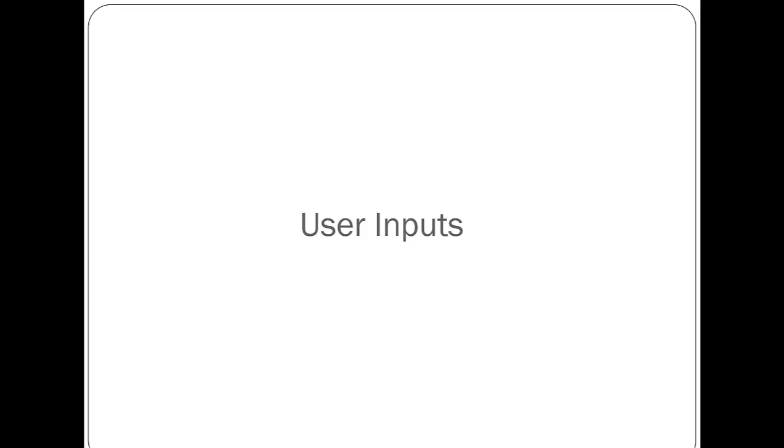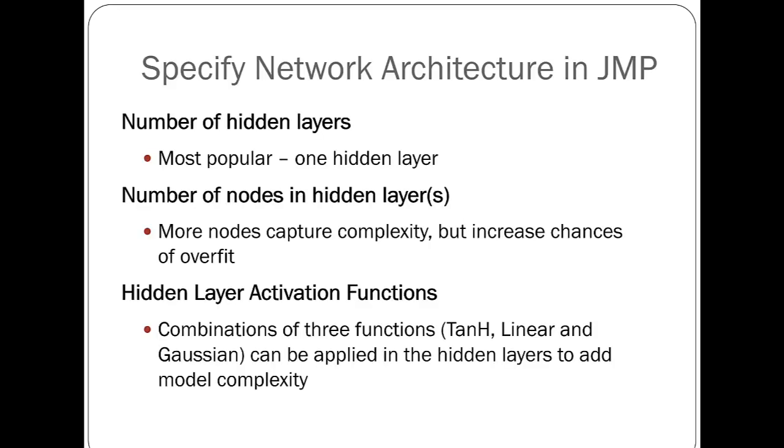However, we can't really do that, and so what we have to do is determine what our neural network is going to look like. This is something that you just can't leave up to chance, and there's no real good automated way to do this. So first thing you have to do is determine how many hidden layers you want to have, and usually one is going to be sufficient.